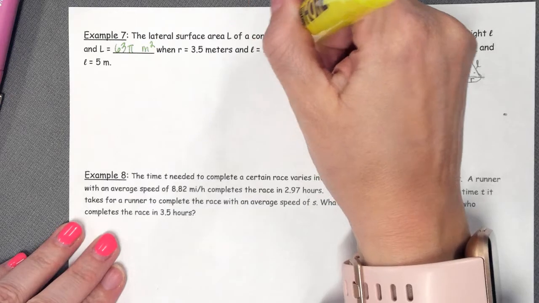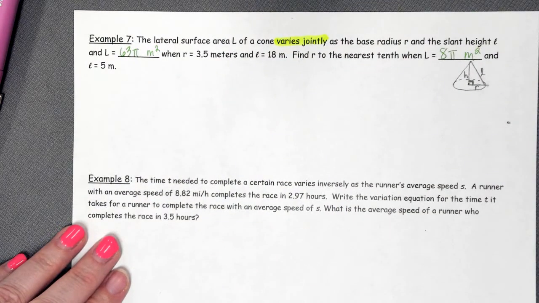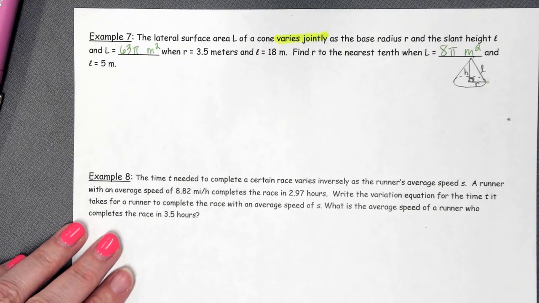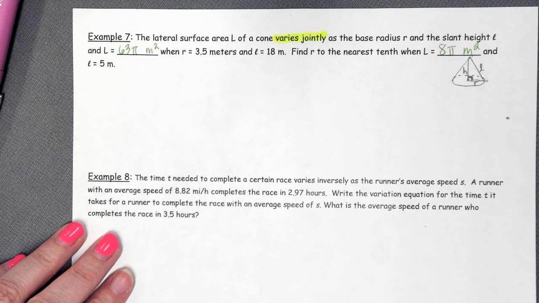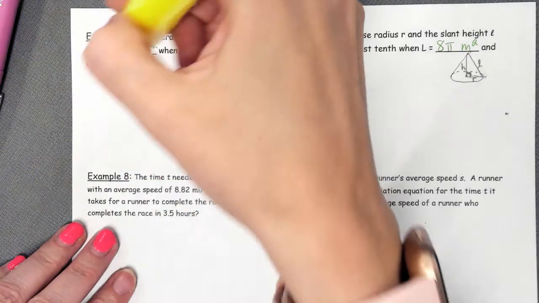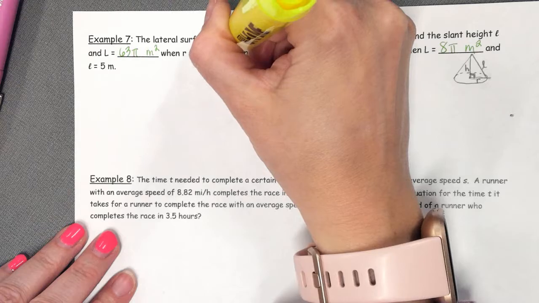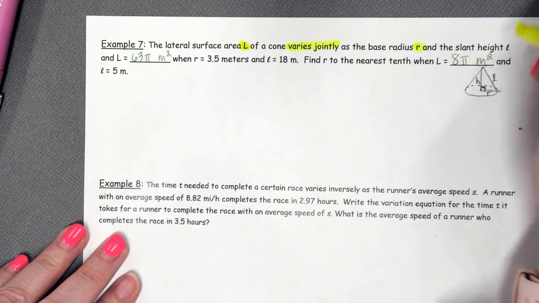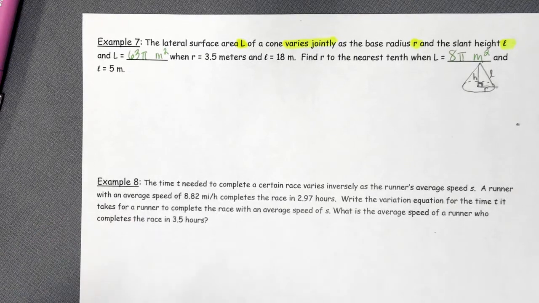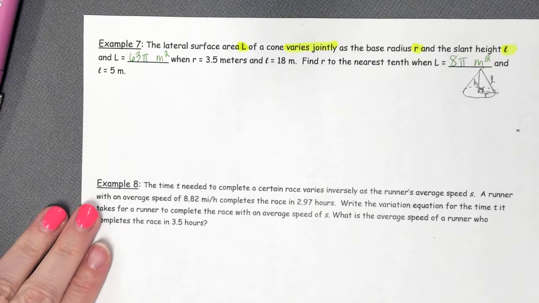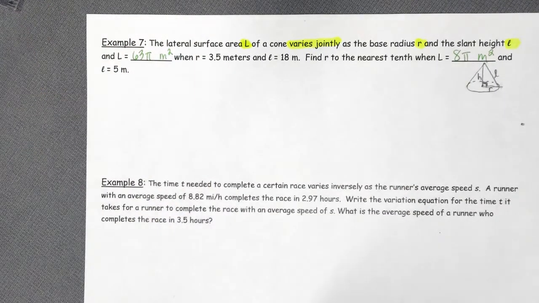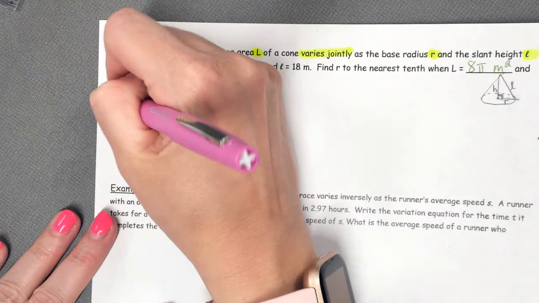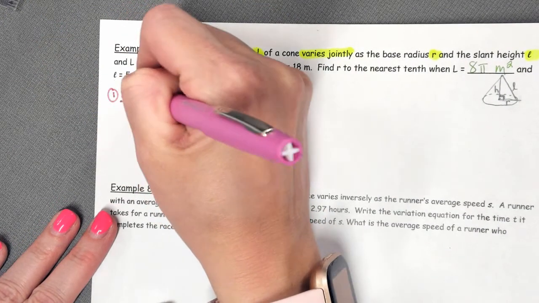Okay, so when you are solving this, again, the first thing I like to highlight is how it's varying. Okay, so if it varies jointly, we know there's going to be 2 multiples there. So it's the lateral surface area L of a cone varies jointly as the base radius r and the slant height ℓ. Okay, so then when you're doing step 1, I just want you to write the equation.